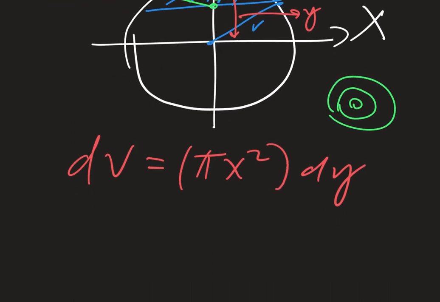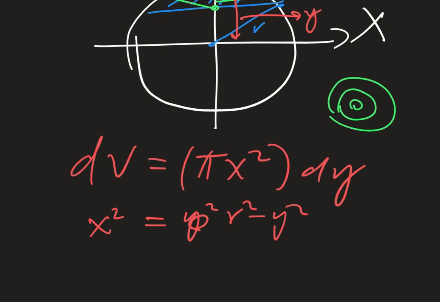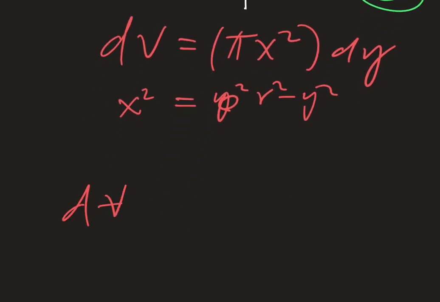So now, you know your x squared is equal to r squared minus y squared. So you need to substitute this with y.